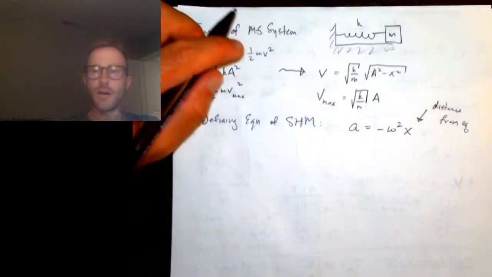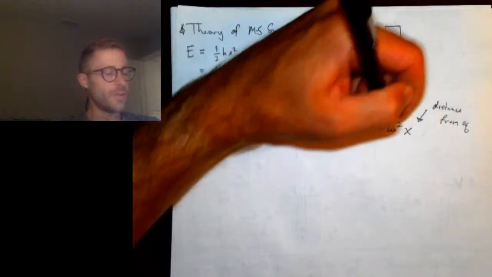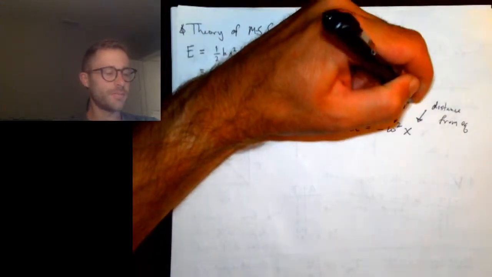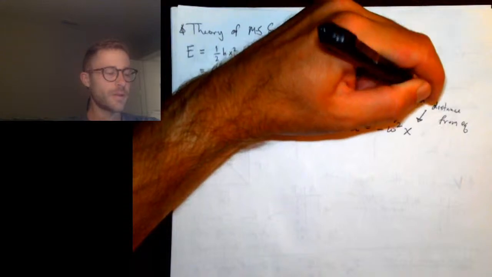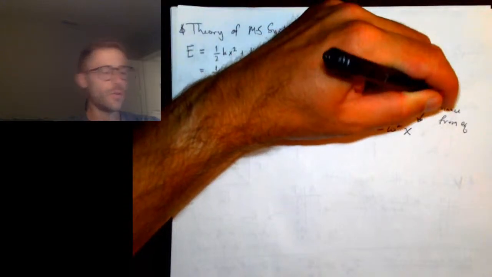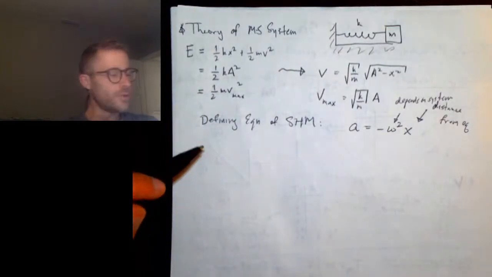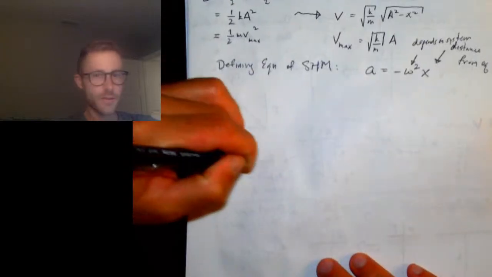Okay? And omega squared is a constant that depends on the system. So whenever this is your equation, you are going to have a position time graph that looks like this.